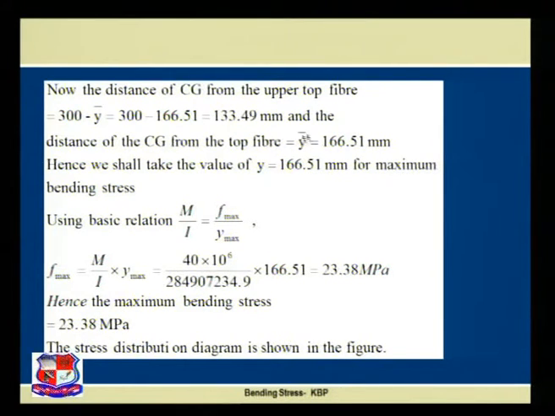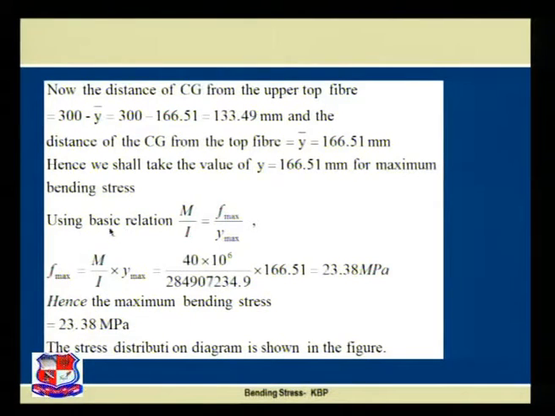Now the distance of CG from the top fiber is 166.51 mm. I would like to ask the question, which y do we have to use to find the value of z? Obviously z is equal to I by y max. I have to use y max, that is 166.51 mm, to find the maximum bending stress.